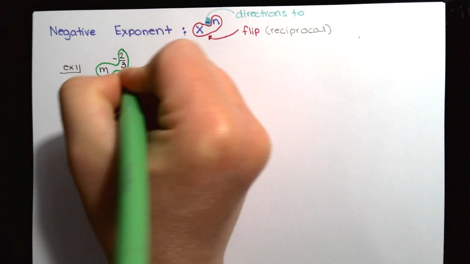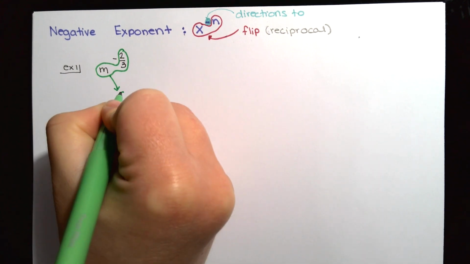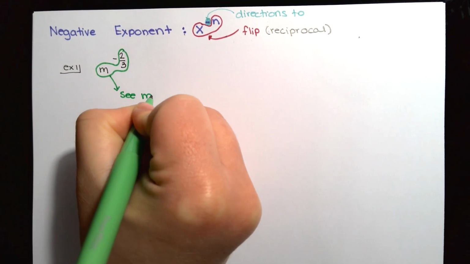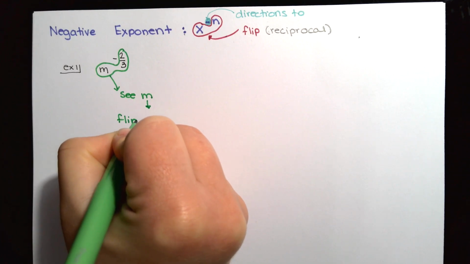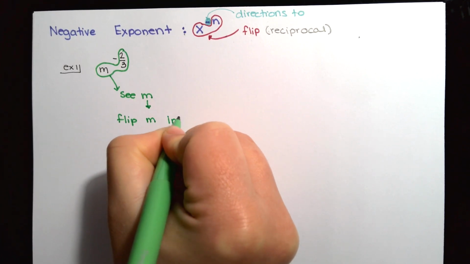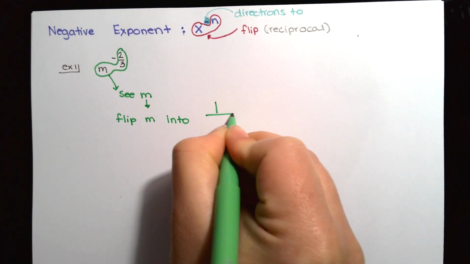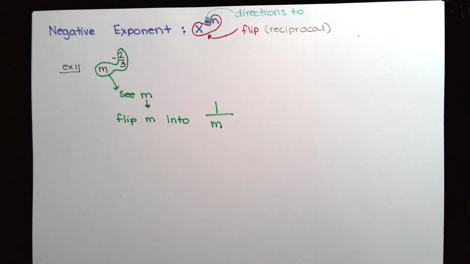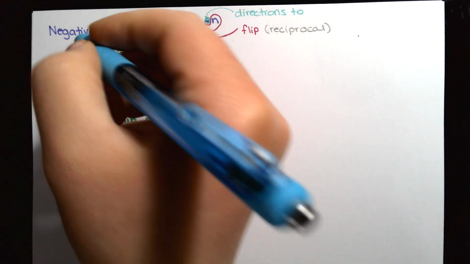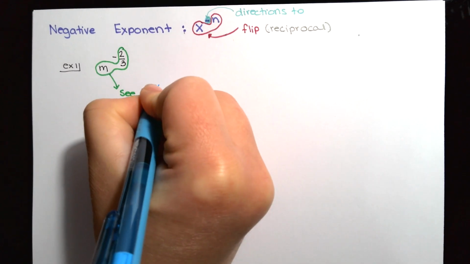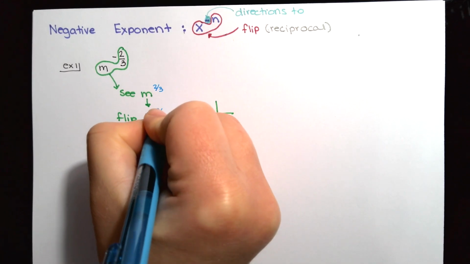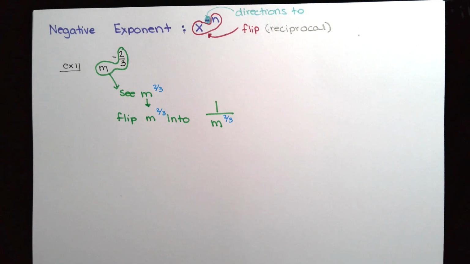We're going to see m. That means we're going to flip m into 1/m. We're going to take our exponent of 2/3 and we're going to keep the 2/3 with the m.